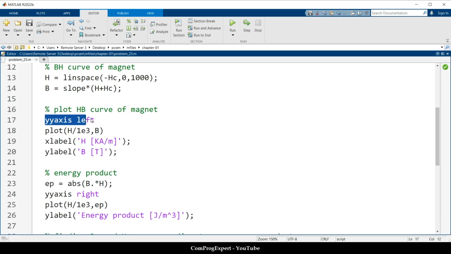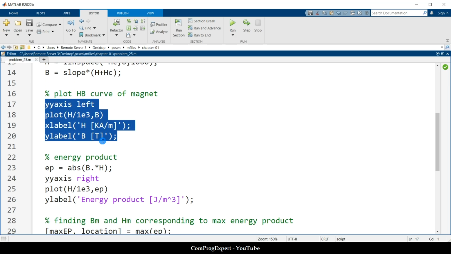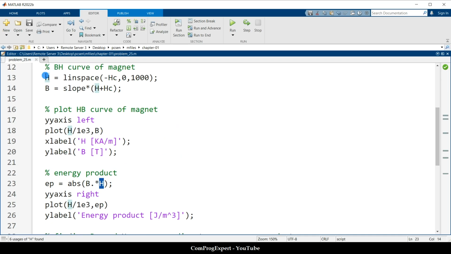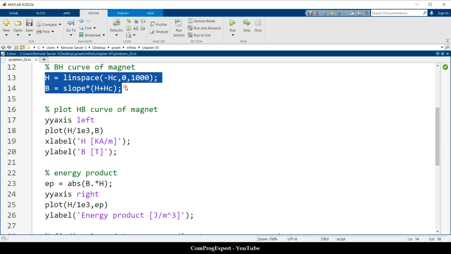I consider the left axis first to plot the BH curve. Then I calculate the energy product, B times H, the pointwise multiplication, right? B is a vector, H is a vector. Here we define these two vectors.